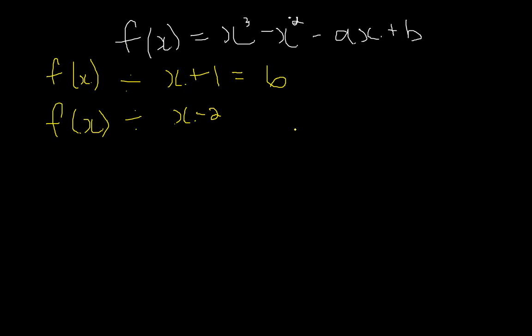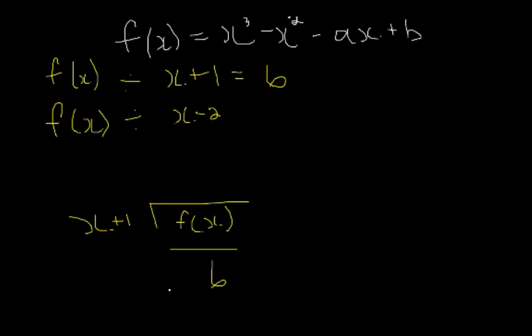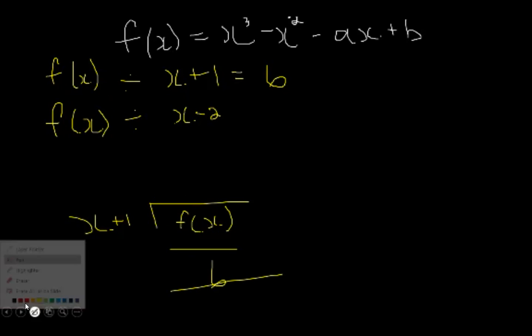This makes sense to me. It may not necessarily make sense to you, so you don't have to write it like this. Maybe your way could be to write it like this. Everybody's different, right? So this might make sense to you: you say f of x divided by this is going to give you 6. Whatever makes sense to you.